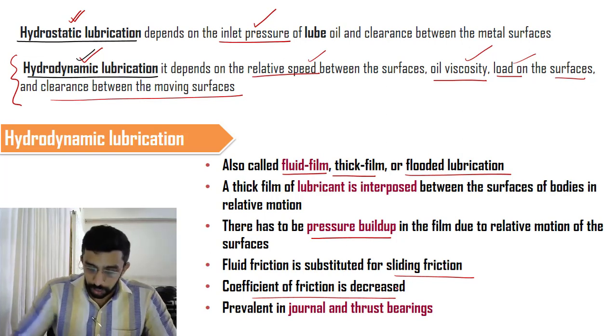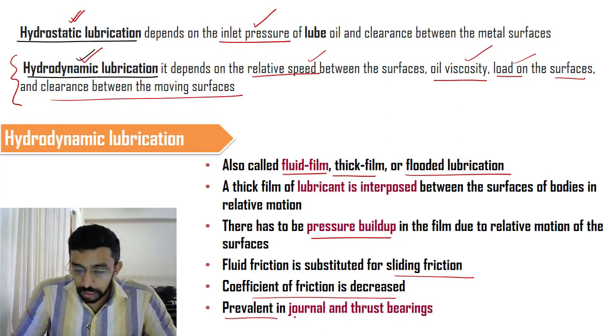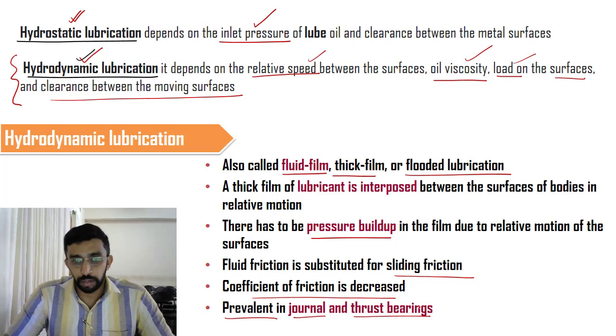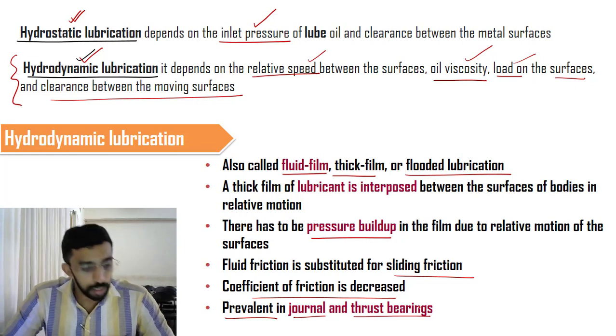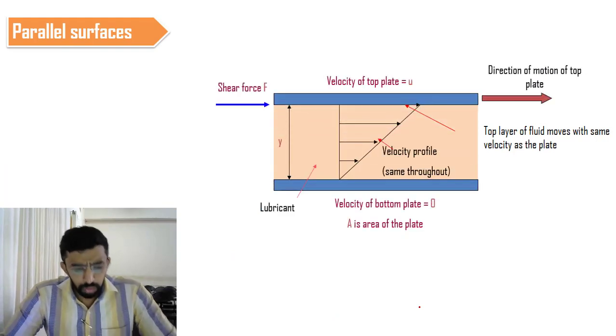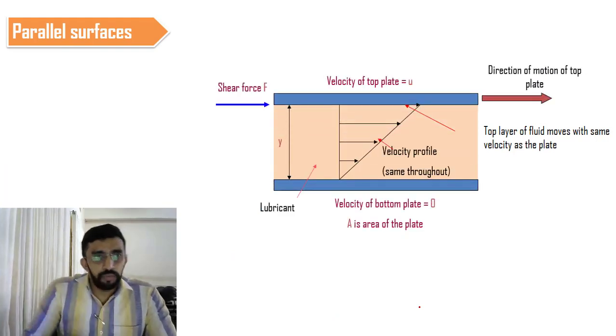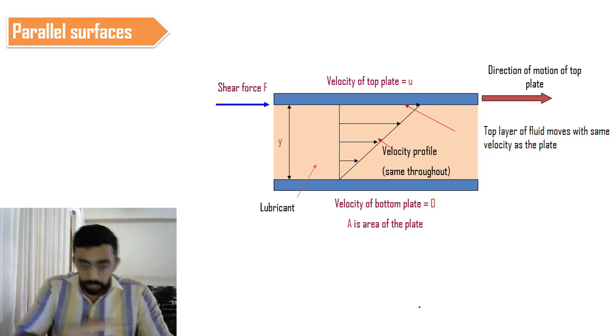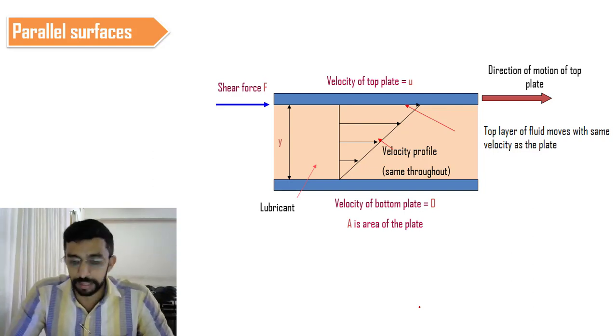And finally, it is relevant in journal and thrust bearings. So for axial loads, radial loads and thrust loads also, these journal bearings are very efficient. Now let's look into the physics behind this hydrodynamic lubrication. So what happens when two surfaces slide against each other?